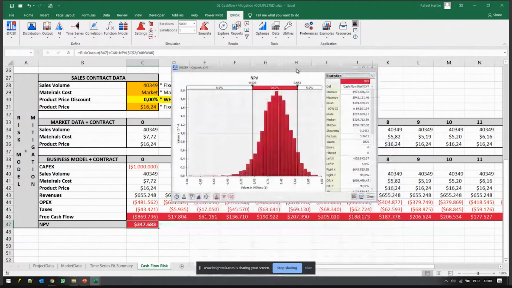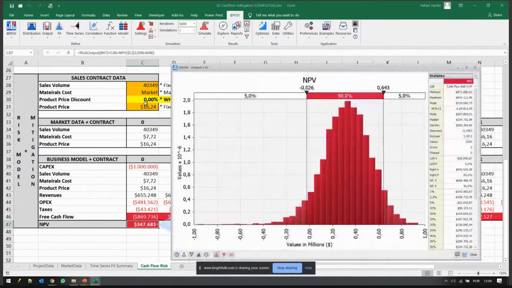So if you sign this contract with your client and with no discount at all, at the average of historical volumes and prices, you'll see that it's still a profitable project, and the likelihood of losing money dropped from 20 to about 6%.